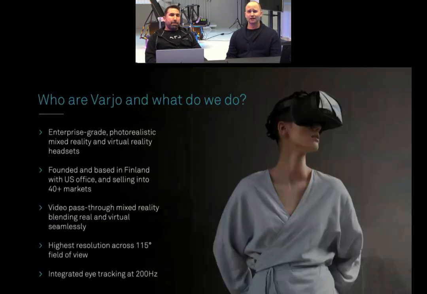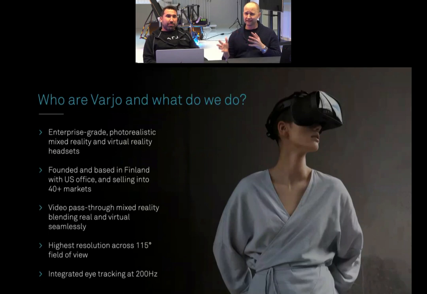Great. So in case you're not already familiar with Vario, I'm a bit surprised that you've even found the webinar, but just in case, here's a quick recap. We're about a preschool aged company, so 5 years, and we're also the creators and providers of the best XR and VR headsets on the market.